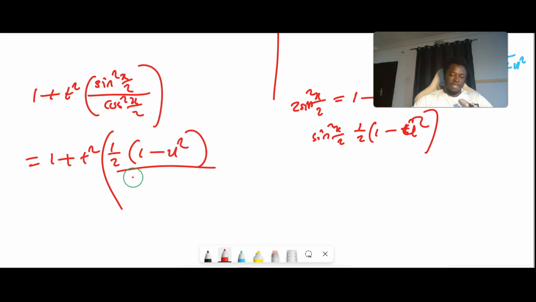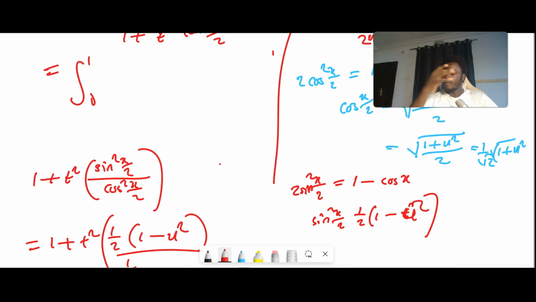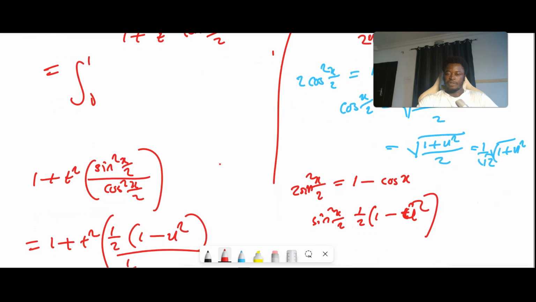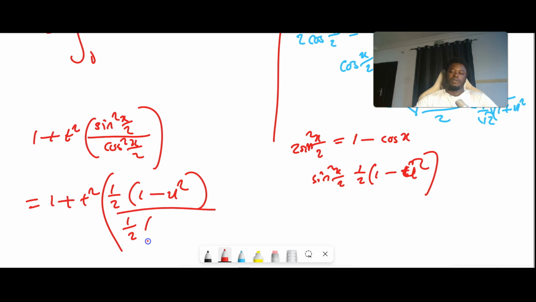Why, the cosine squared of x over 2 is going to be half of what? 1 plus u squared.